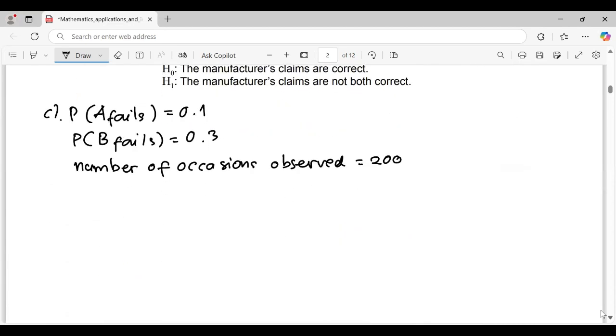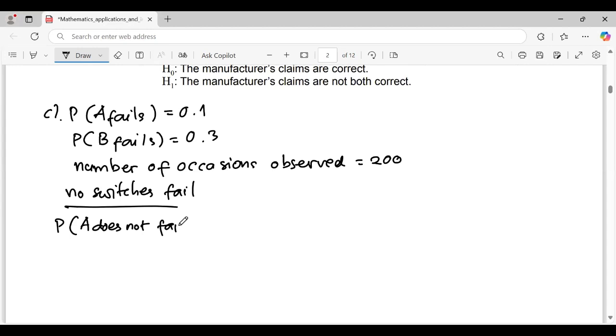So we need to calculate the expected number of occasions where no switches fail. It means the probability A does not fail equals 1 minus 0.1, because the probability A fails is 0.1.